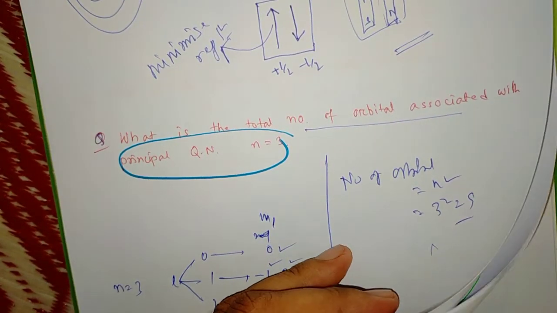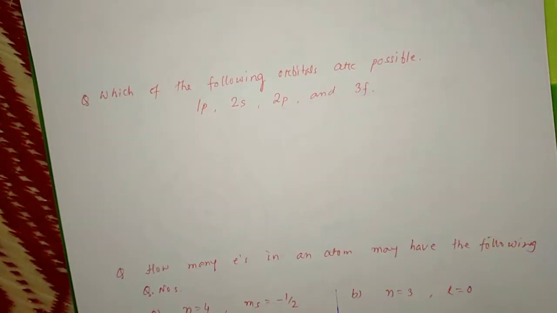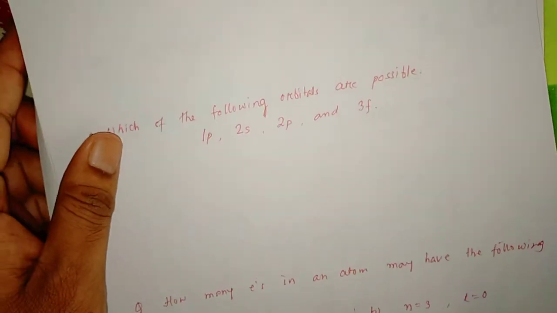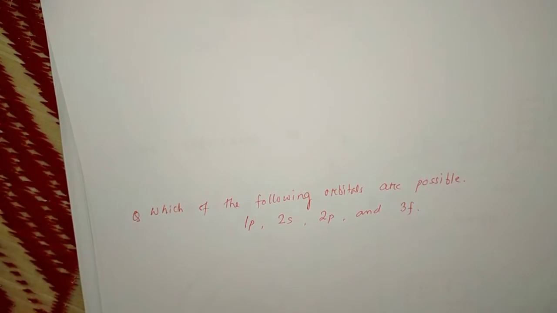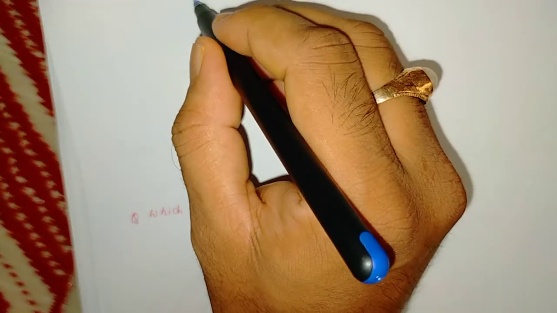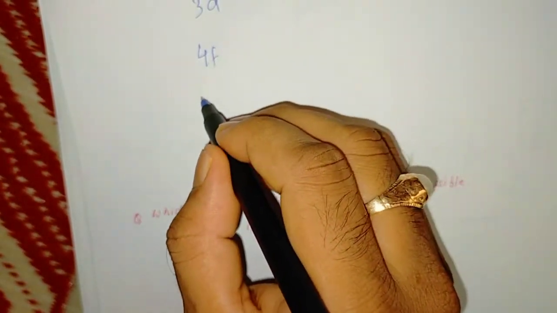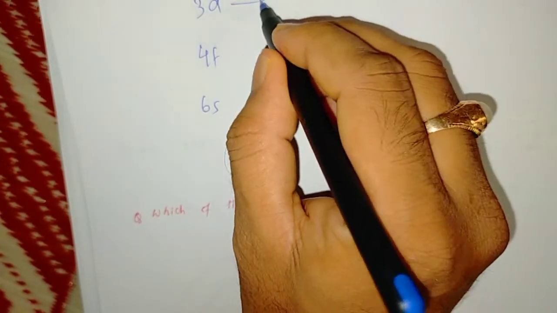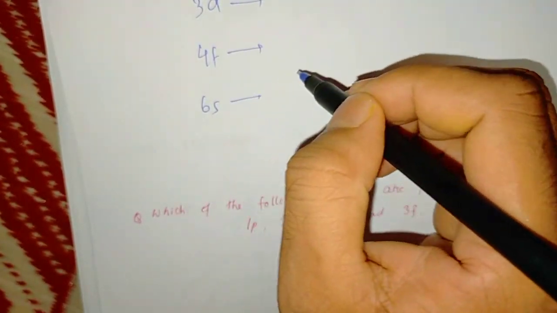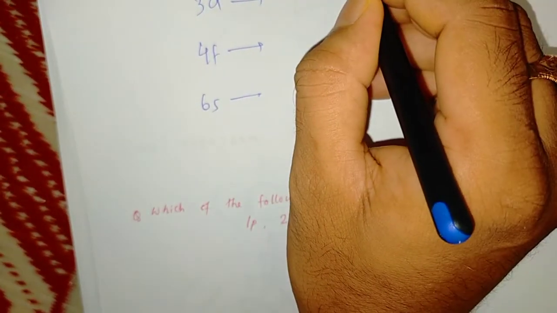Next, list the quantum numbers ml and l for the 3d orbital. We have 3d, we have 4f, we have 6s. So ml and l we have to find.